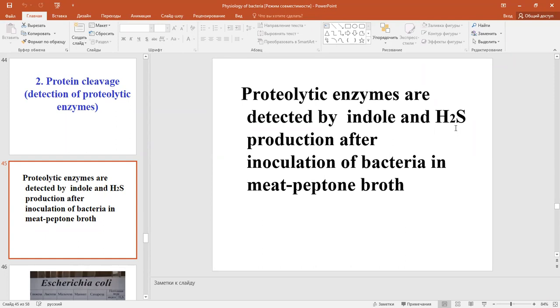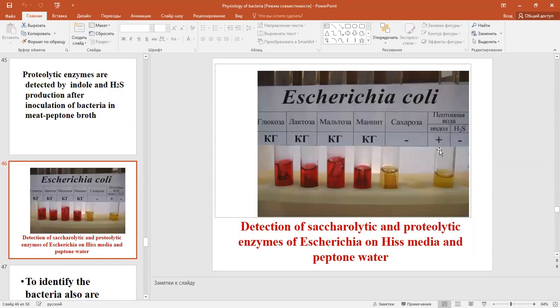The gases go out from the liquid medium, and for detection of them, this is a picture of a test tube with 1% peptone water, and special strips, papers impregnated by chemicals, are placed between the cotton stopper and the wall of the test tube, 2 papers.